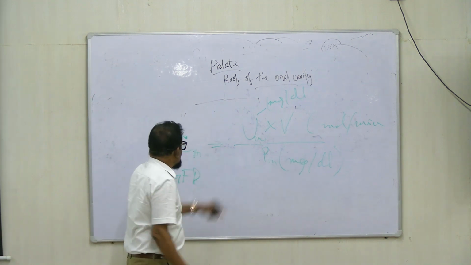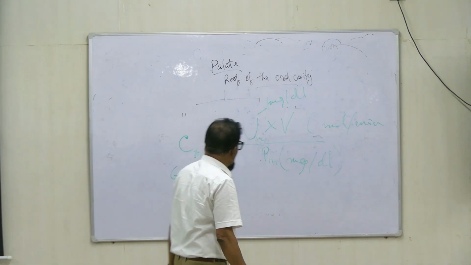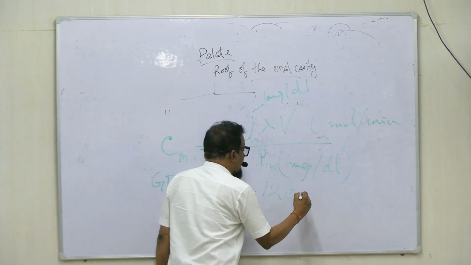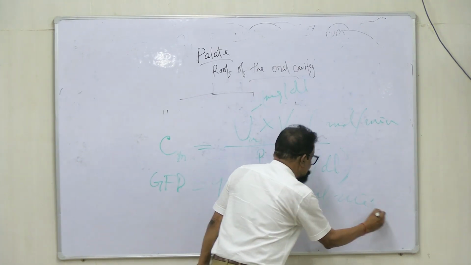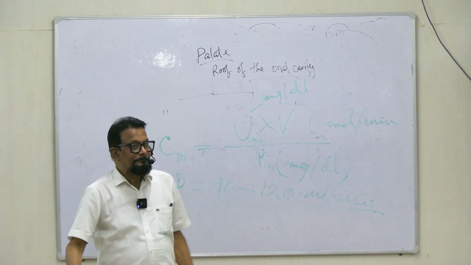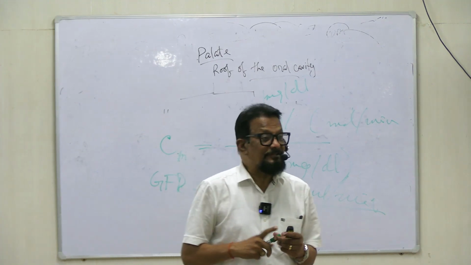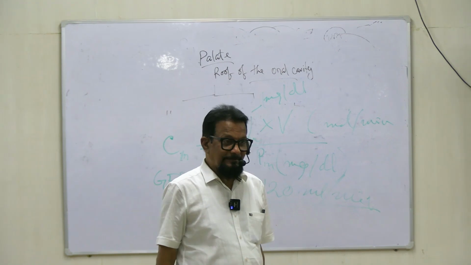You put the values and you will get the GFR. Normally GFR is 90 to 120 ml of plasma per minute. Understood? This is GFR if we use inulin.